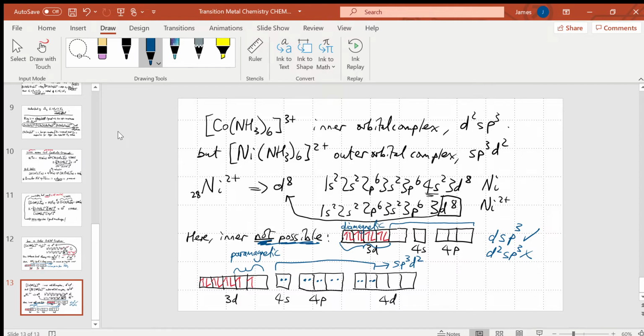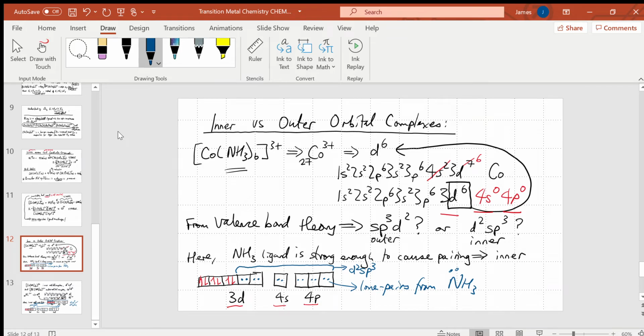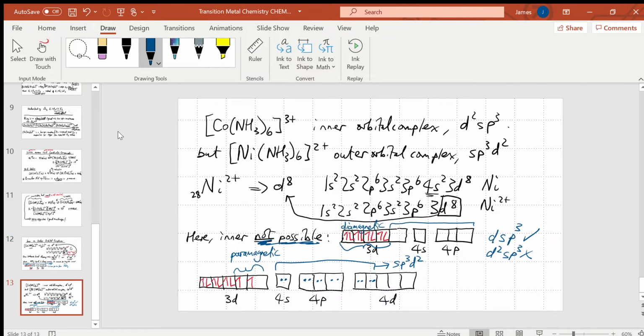And more about paramagnetic and diamagnetic later, probably in another video. I guess for that matter, we can look at the previous slide. This would also be diamagnetic, meaning we just have no unpaired electrons. Okay, so definitely I'd like my students to be able to explain this. There are some nice go-to examples here that illustrate the point.